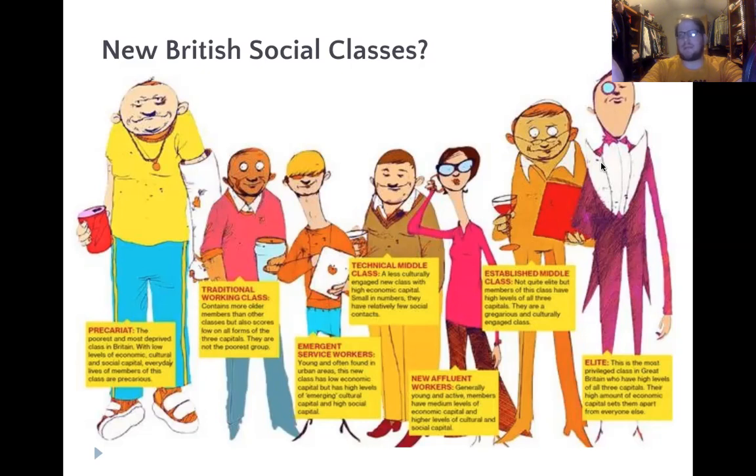These are people who tend to be younger in urban areas, with low economic capital because of the types of jobs that they are working, but they are having emerging levels of social or political capital because it's all about making connections. The middle class is what the middle class is everywhere, that these are people who are less culturally engaged but have more economic capital.